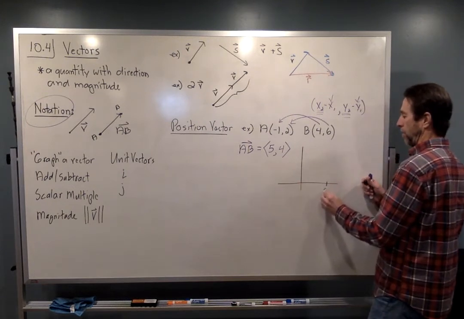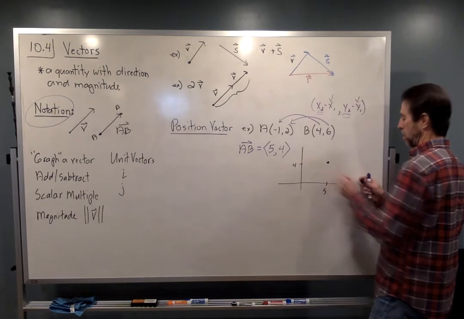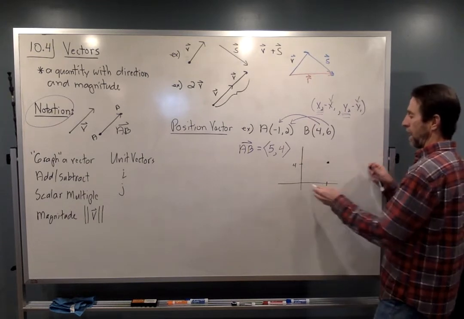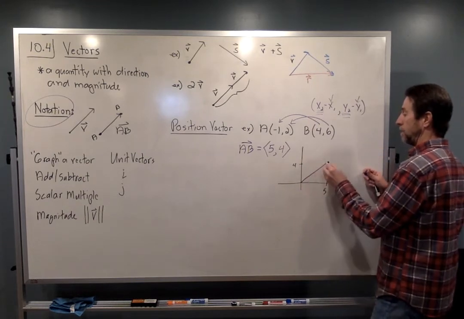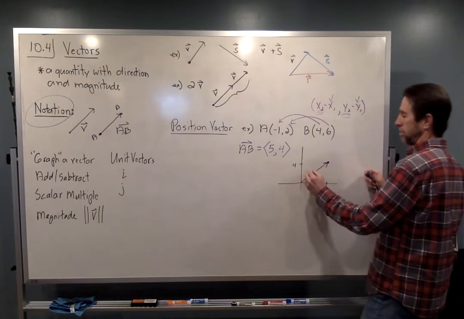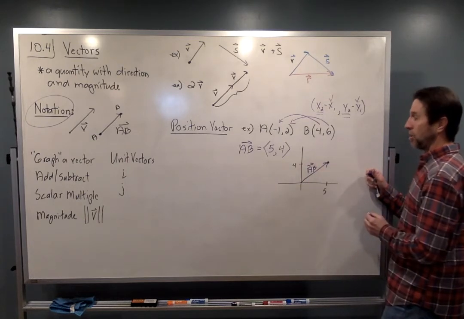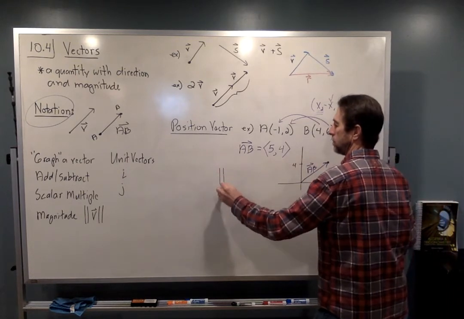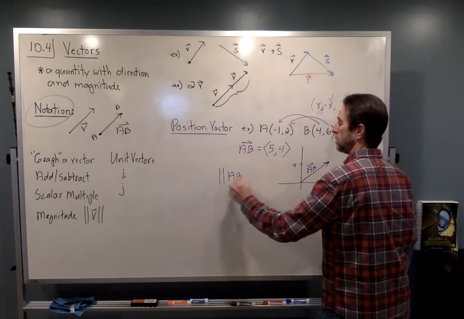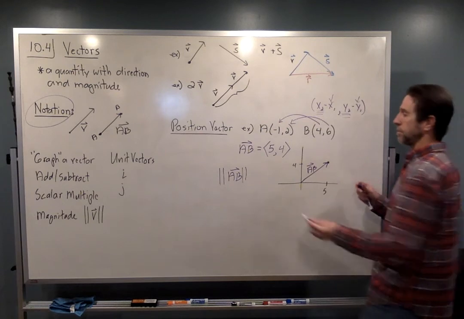If I went 5 and 4, I'm thinking of the vector now as just being this. And that vector, AB, obviously has a magnitude, and it also has a direction.